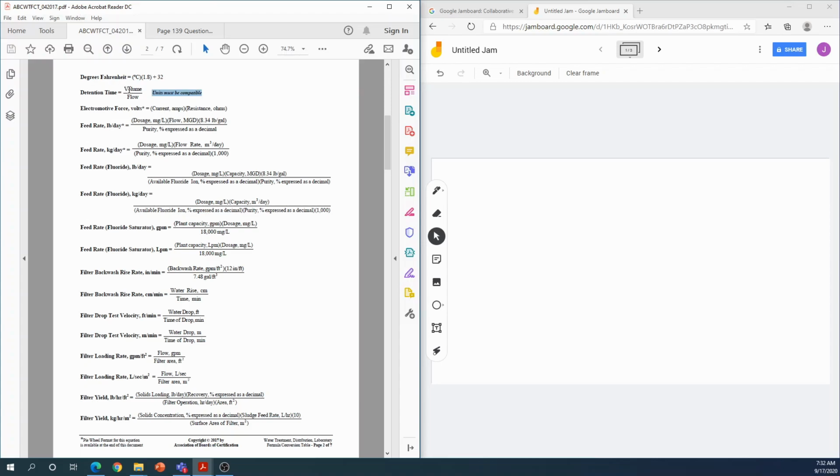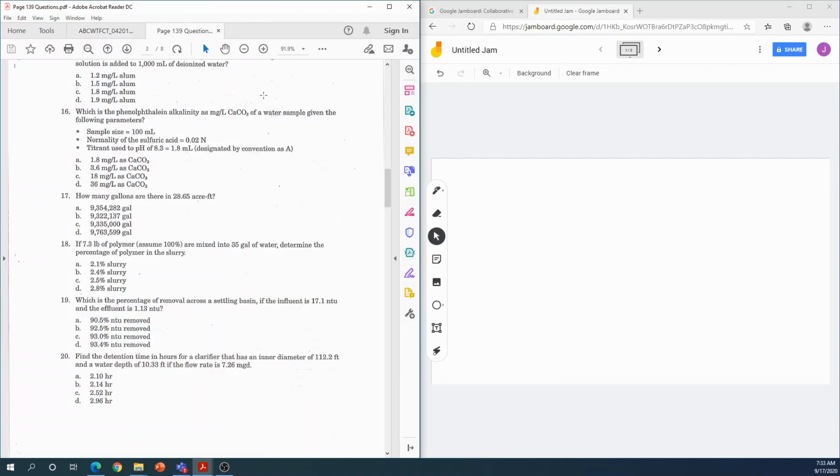So first thing we have to do is calculate the volume. So let me write this down up here. So we have detention time is equal to volume over flow.